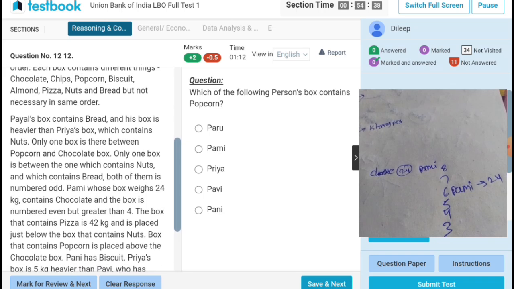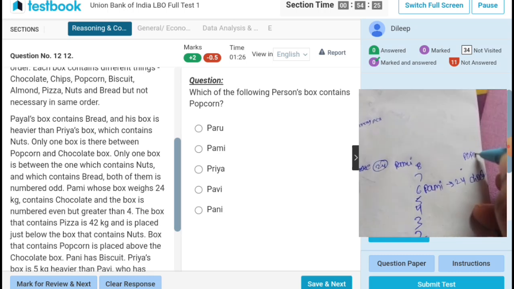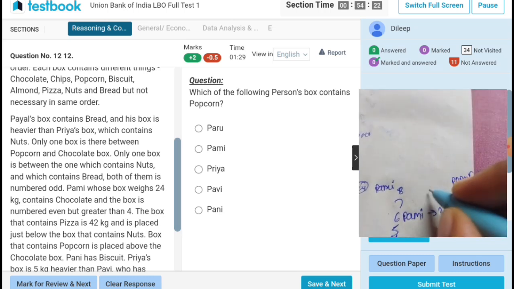So popcorn is placed above chocolate, I think. So I think popcorn and chocolate.